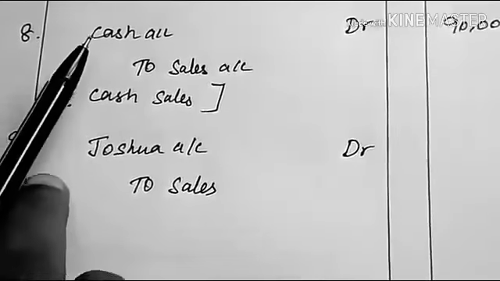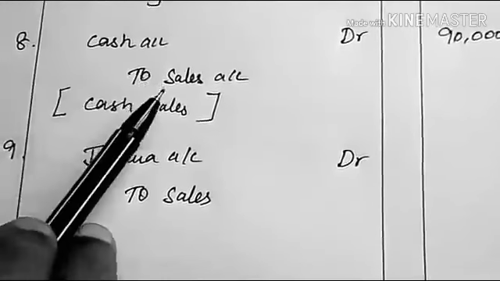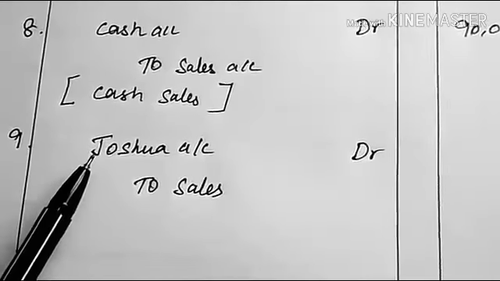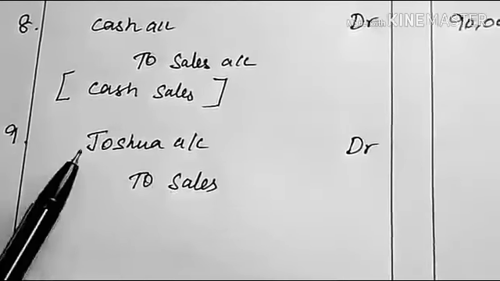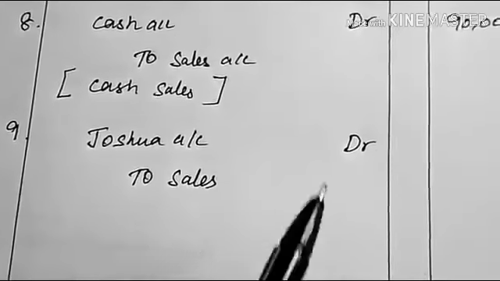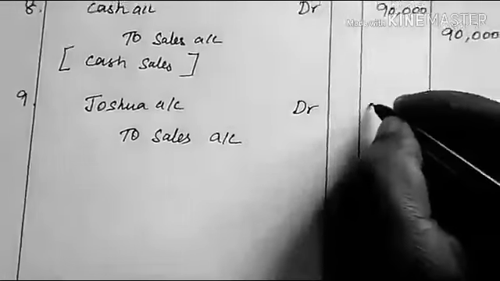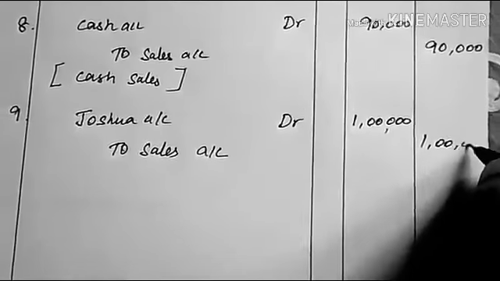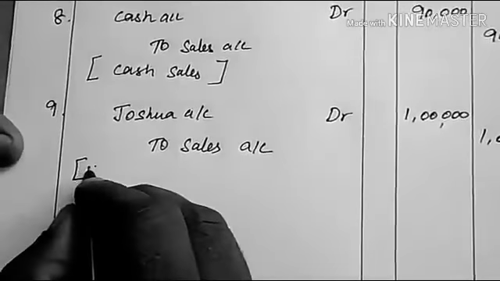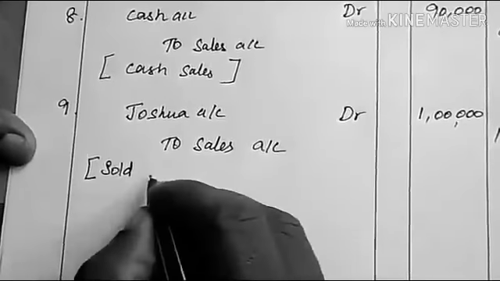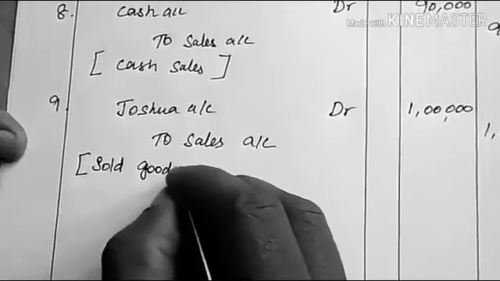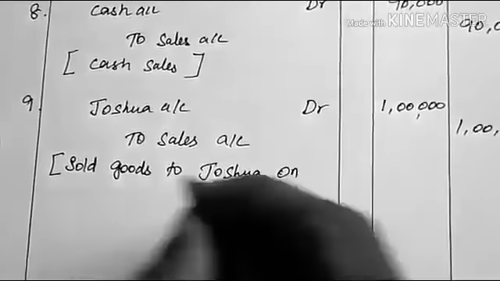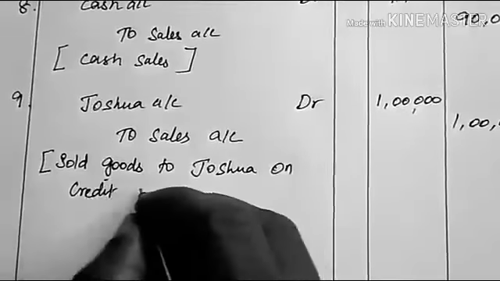In the previous transaction, cash sales, cash account debit to sales. This is a credit sale, so instead of cash, you write the name of the person to whom you sold. How much? 1 lakh rupees. Narration: sold goods to Joshua on credit basis.